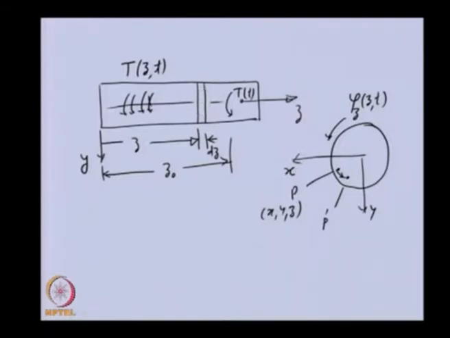Let us take this particular shaft segment, the thickness is dz, and once we have taken it out from the shaft, the reaction torques will be acting on both sides of this particular plane.